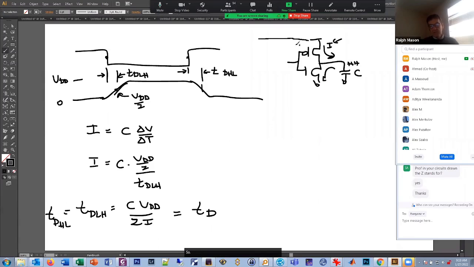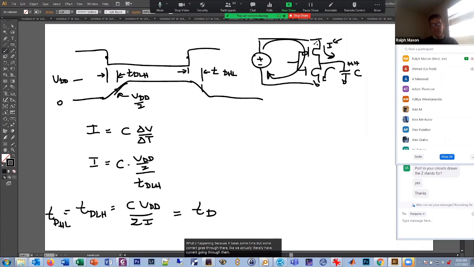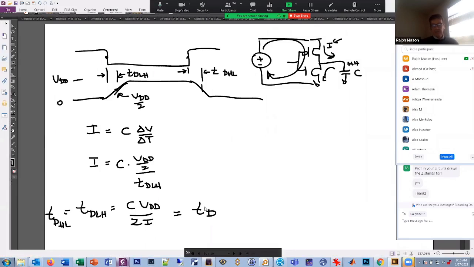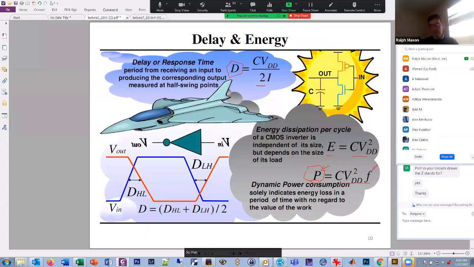So if you look at this battery, say we had a power supply over here, some current literally goes through there. We're charging and discharging, but there's current going around here over time. And the faster the frequency we do it, the more times this current goes around. So the higher the frequency, the faster we charge and discharge, the more power.